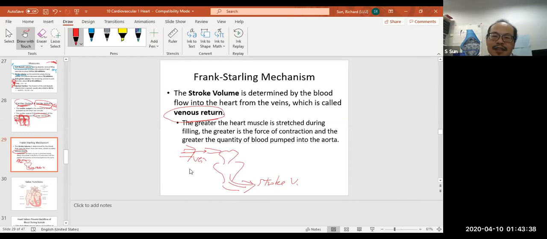And how can we increase the venous return if your blood pressure is low? The way to increase the venous return is to move your muscle. So our muscle, our body, our leg.